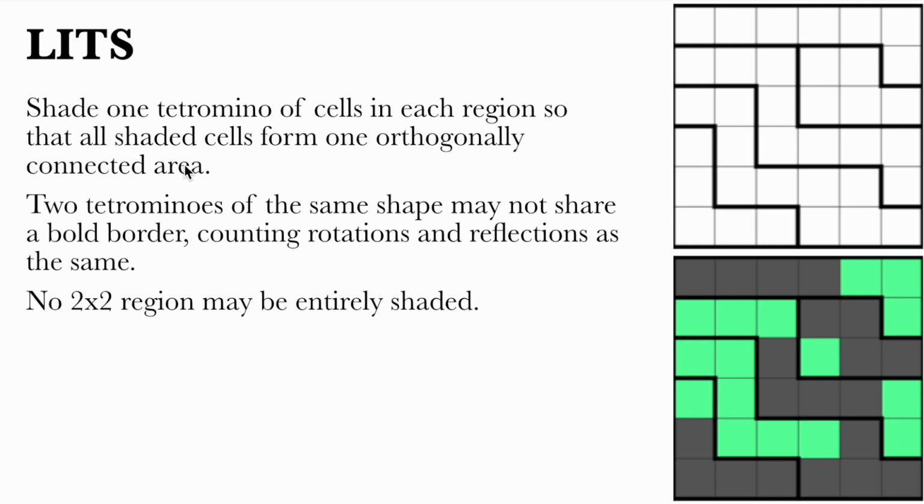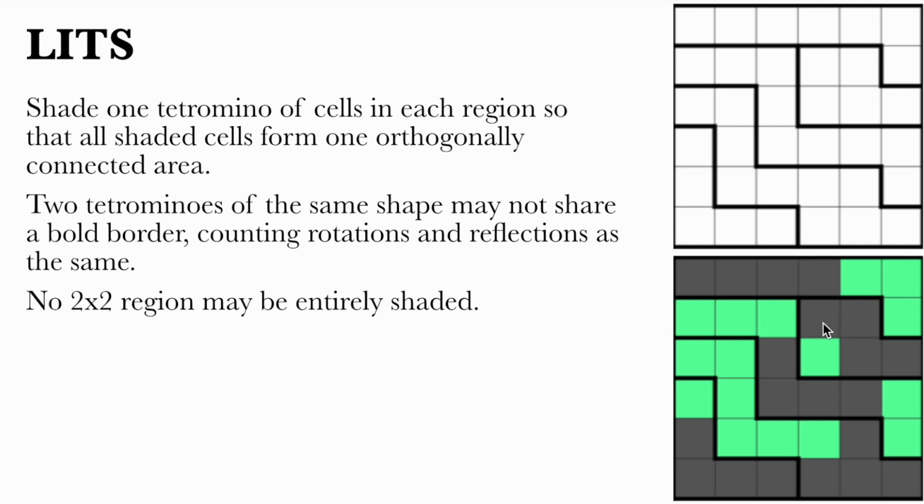Orthogonally connected area is just a way of saying in this kind of grid that you can get from any shaded cell to any other shaded cell by only traveling through shaded cells in the grid. Two tetrominoes of the same shape may not share a bold border, counting rotations and reflections as the same.